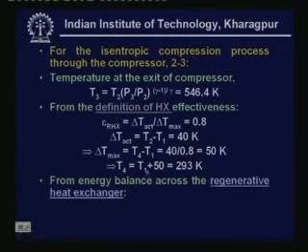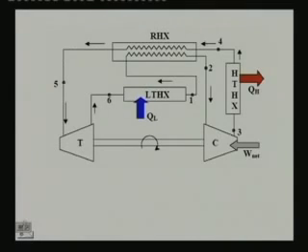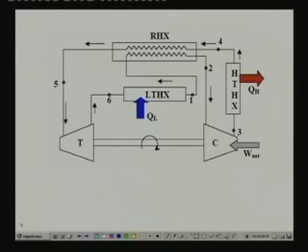Now, what we do is we have to find out the temperature at the inlet to the turbine, that is point 5. For that we apply the energy balance across the regenerative heat exchanger. This is again very simple. If you are assuming steady flow across the regenerative heat exchanger and take a control volume across it, and apply the energy balance, the energy gained by the cold stream is equal to the energy lost by the hot stream.